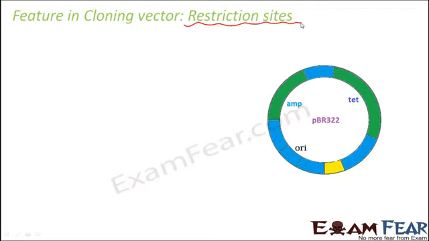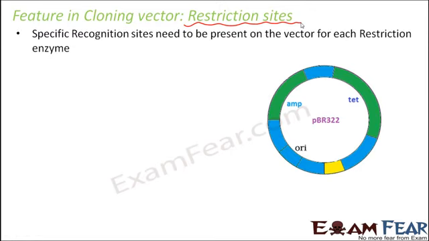So restriction sites are extremely important, because wherever restriction sites are present, you will have the recognition sequence, and that recognition sequence will invite the restriction enzymes, and then the DNA will get cut. So specific recognition sites need to be present on the vector for each restriction enzyme.